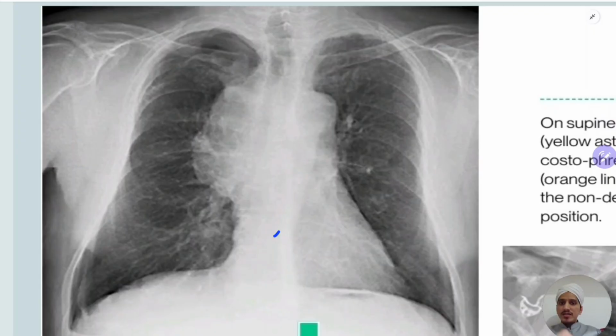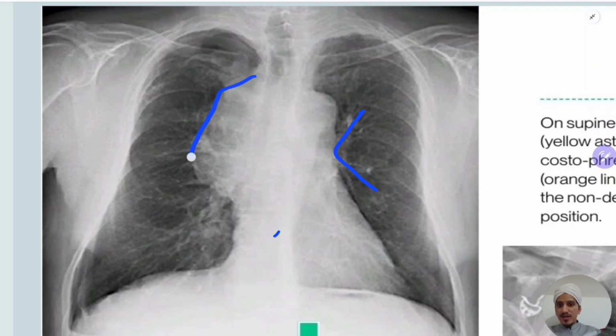Now you just see here the hila. You're not able to appreciate the hila on the right side, whereas on the left side you can somewhat appreciate the hila. You can see the lung margin here.